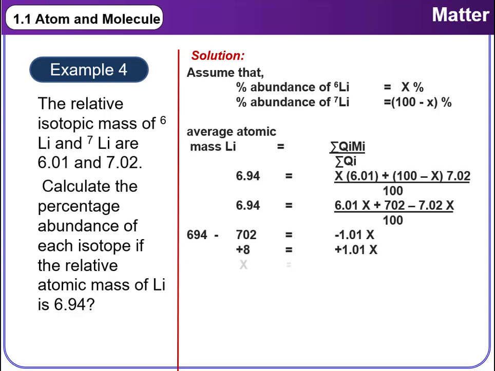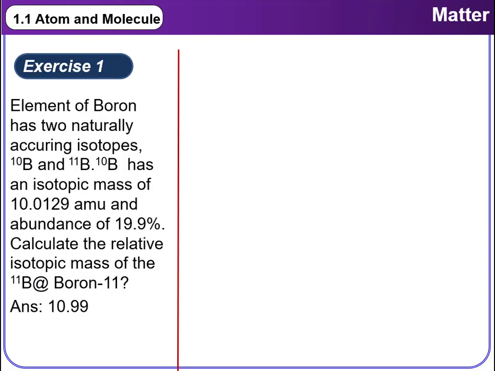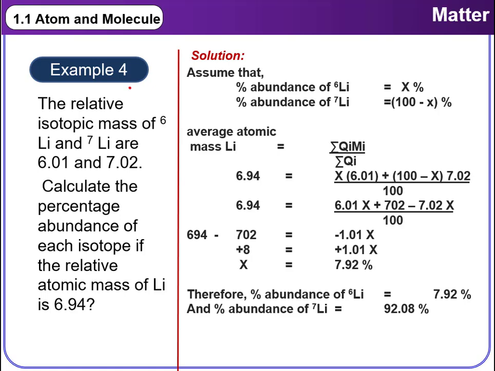Example 4 is to lead you to answer tutorial question number 9. So make sure you understand this example 4. Then only you can do question number 9 from your tutor. Okay, relative isotopic mass.